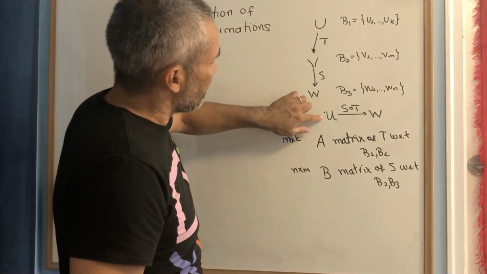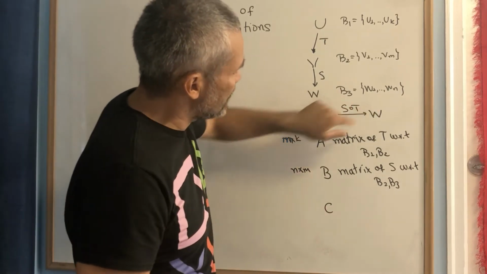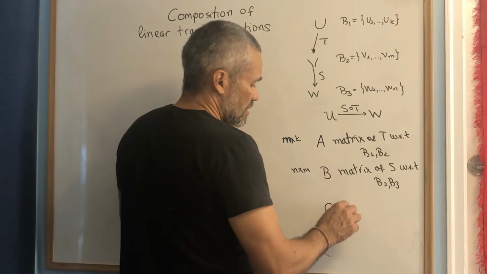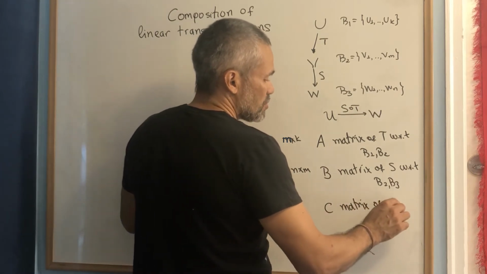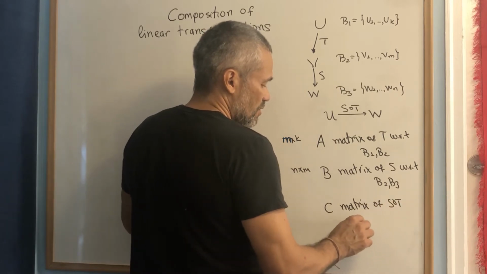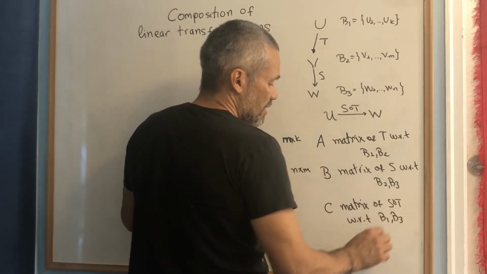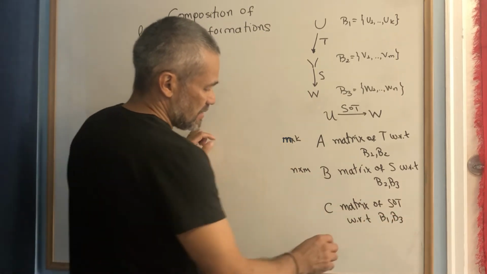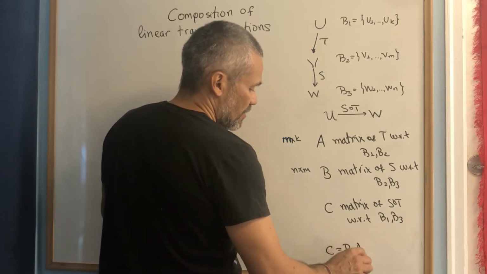Then the matrix C, which is the matrix of this composition of functions, let me write it down, the matrix of the composition with respect to the bases B1 and B3, is just the product of B with A.